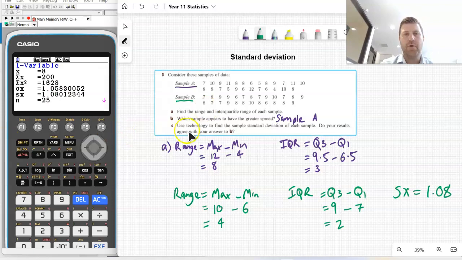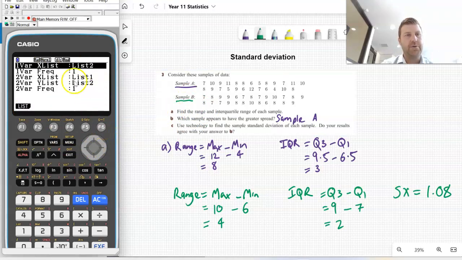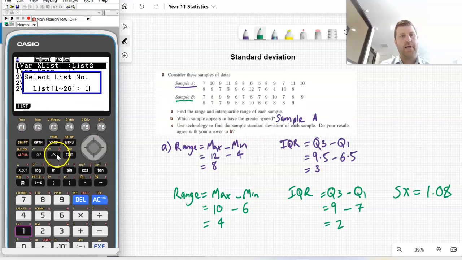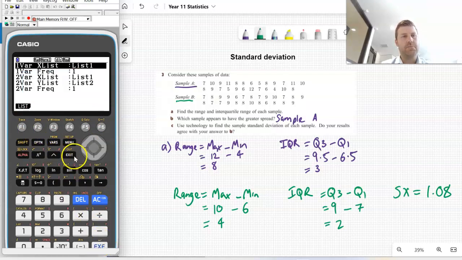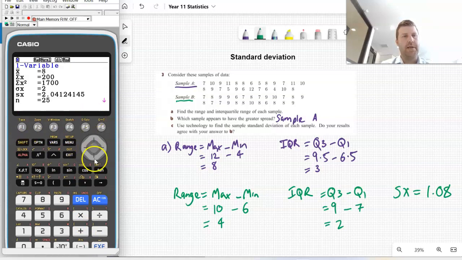If I go back to my first list, I'm going to have to change that set from list 2 to list 1 again. And then my standard deviation is there. Again, the population standard deviation is 2.